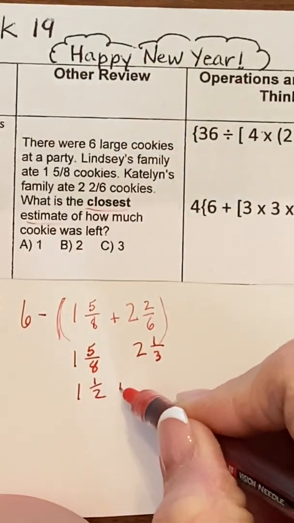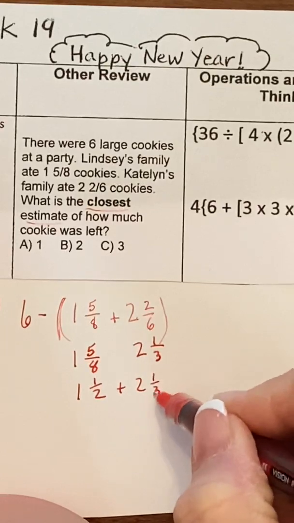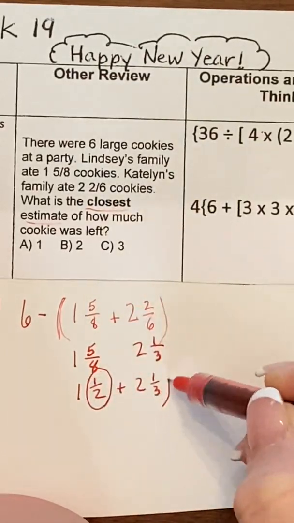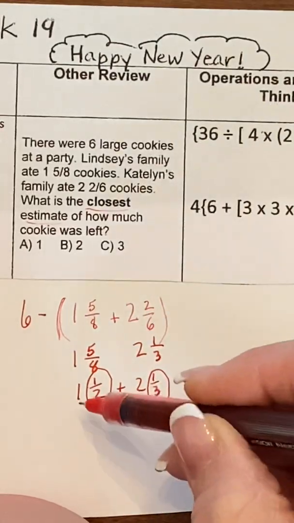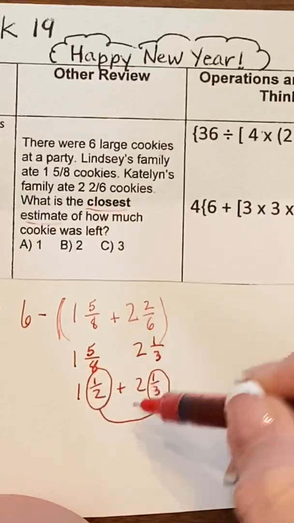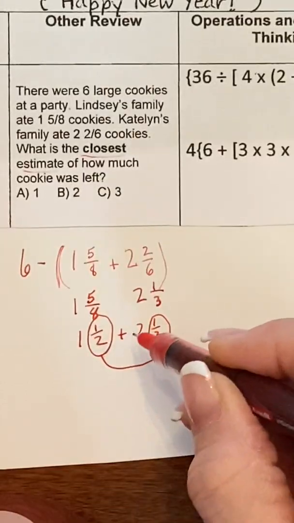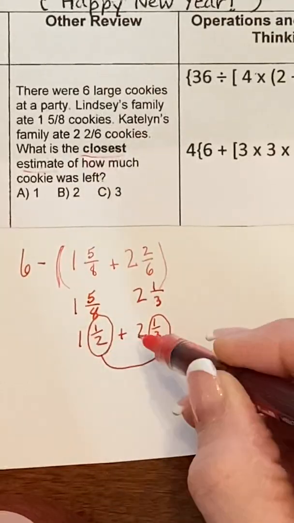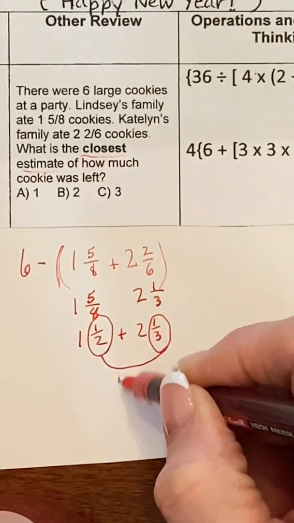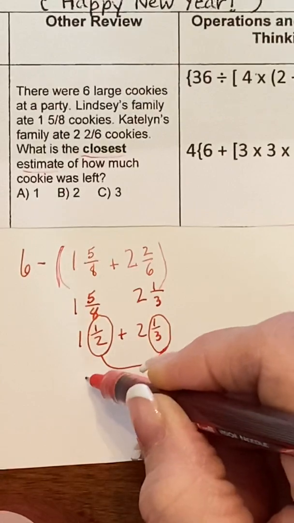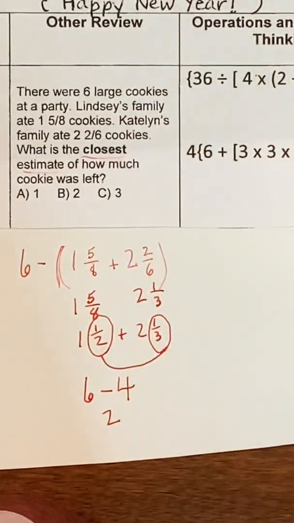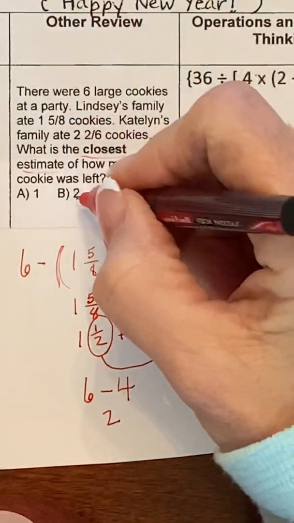And then 1/3, I'd probably just round up and say that's like 1 by itself. And so that's about 1. And then the others would be 4 added, because 1 plus 2 is 3, and then adding this together, that would make another one, so that would be 4. So now we know it's 6 minus 4, which is about 2. All right.